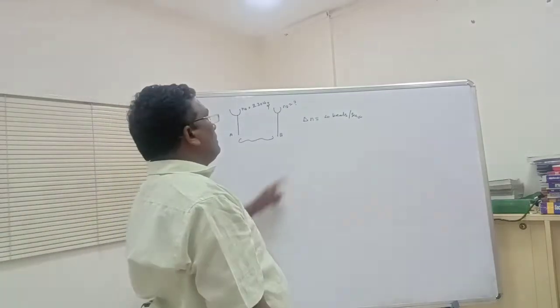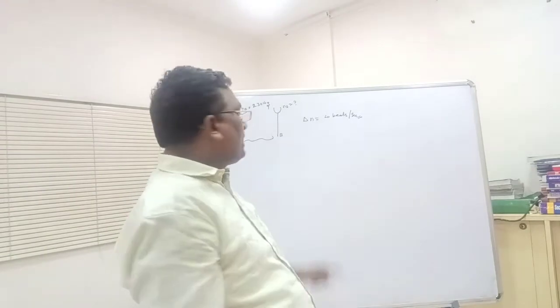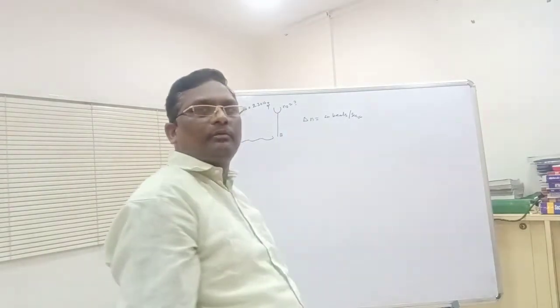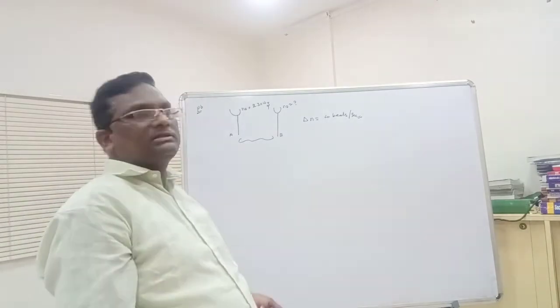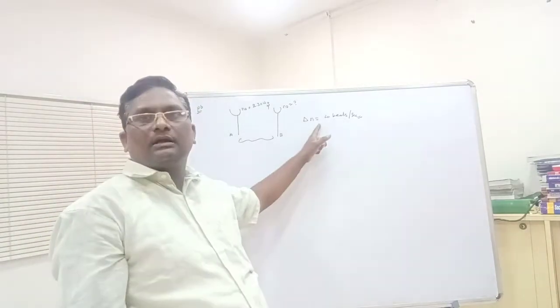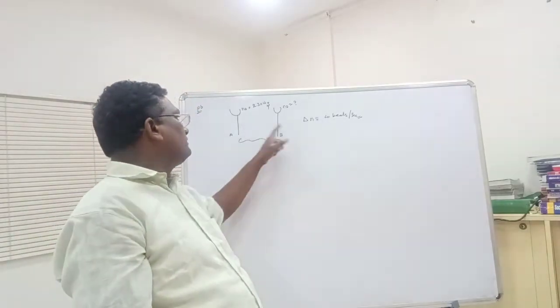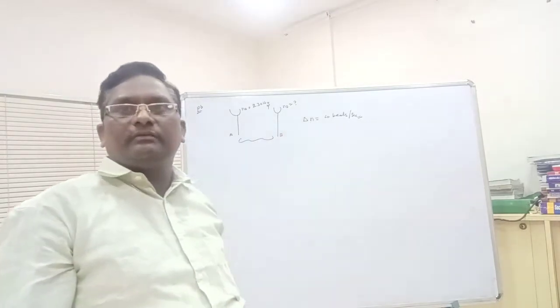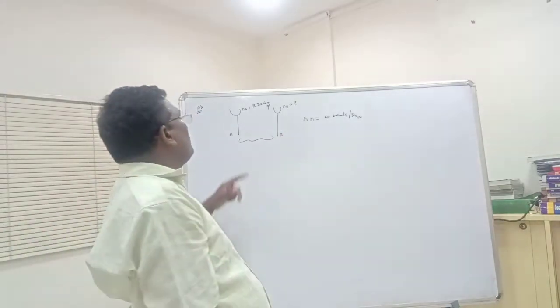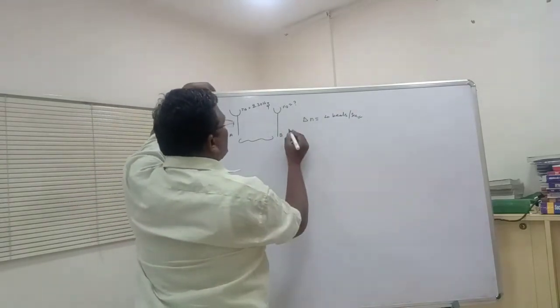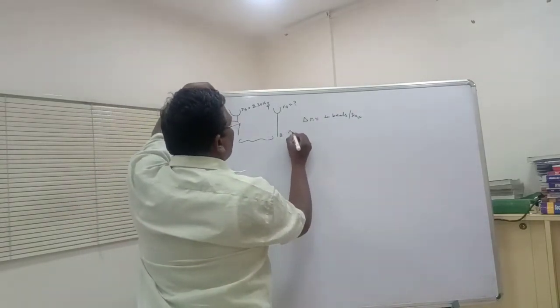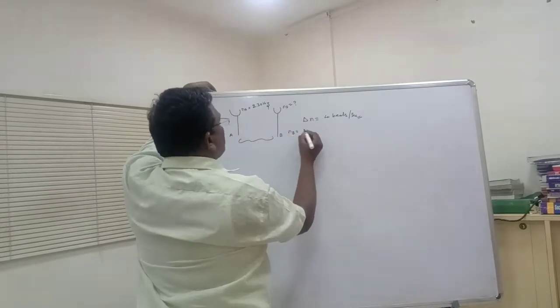Okay, so 4 beats per second. So what are the possibilities for tuning fork B to produce 4 beats? That we can see. What is the beat frequency? I told you the difference of these two tuning forks will give the beat frequency. So the frequency of this tuning fork B has two possible values.